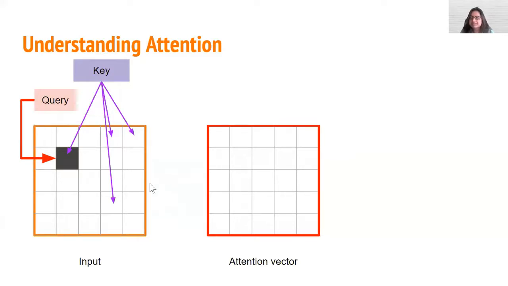So now in this example, we have 5 by 5 patches, which is a total of 25 patches. So there will be 25 attention vectors, right? Because each attention vector is for one query patch. The next step is to multiply each of these attention vectors, just like we did with filters in a CNN.